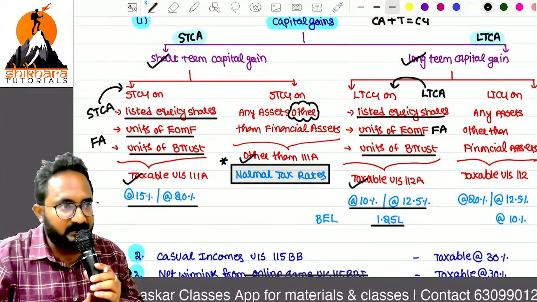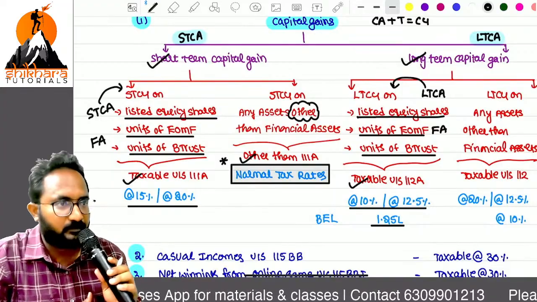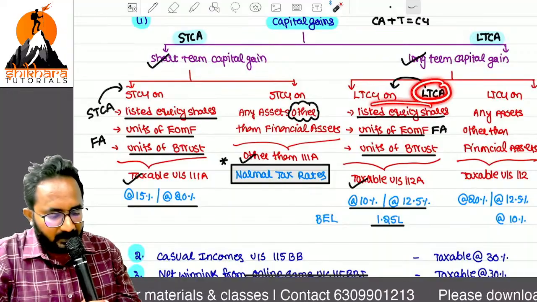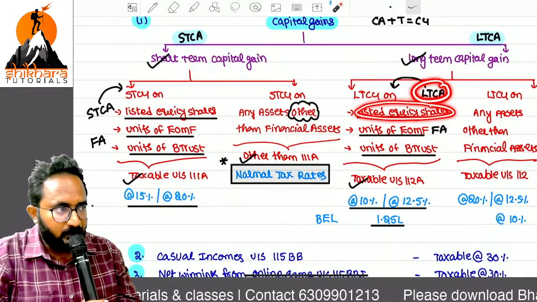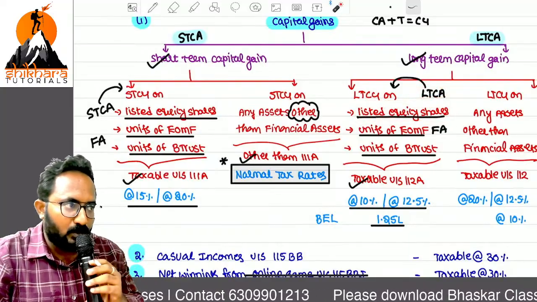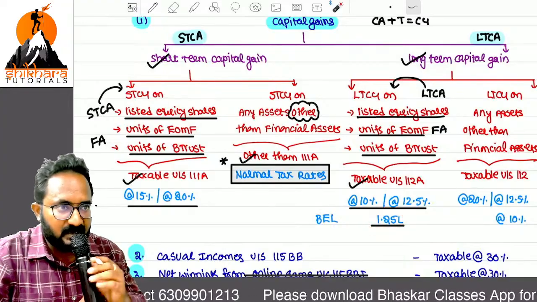But here a basic exemption limit is there: 1,25,000. I will tell you one simple example. I transferred one long-term capital asset of listed equity shares and got a capital gain of 26 lakh. Out of that, 1,25,000 is exempt.